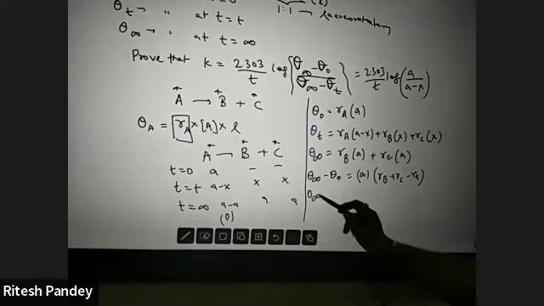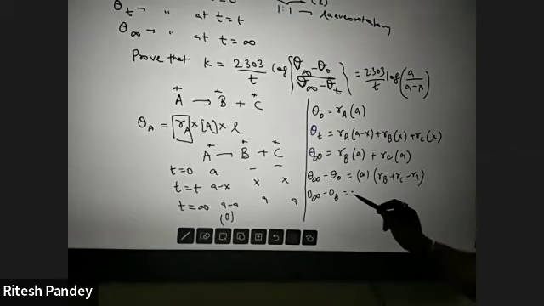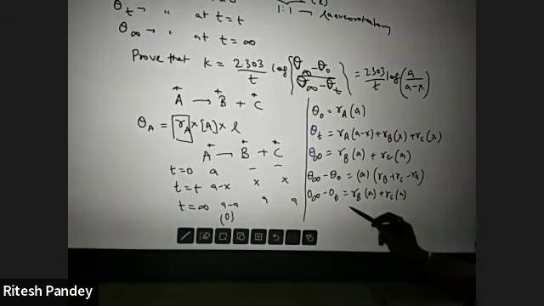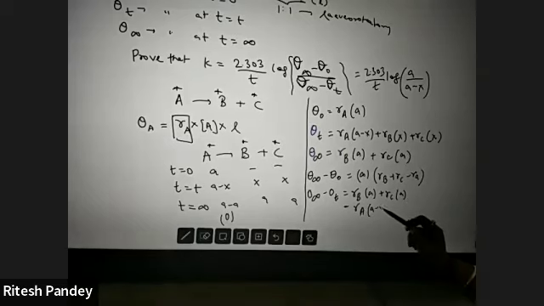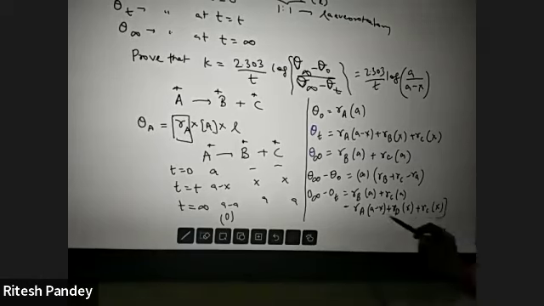And theta infinity minus theta t, again, I'll write it initially in the formal manner: RBA plus RCA minus RA, A minus X, plus RB X, plus RC X, and this is a negative.